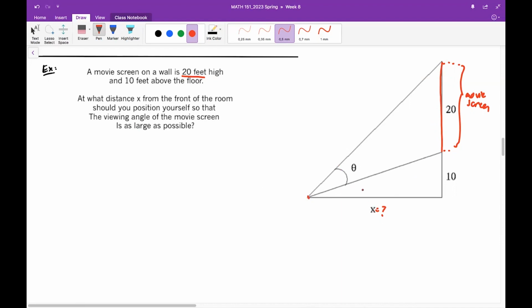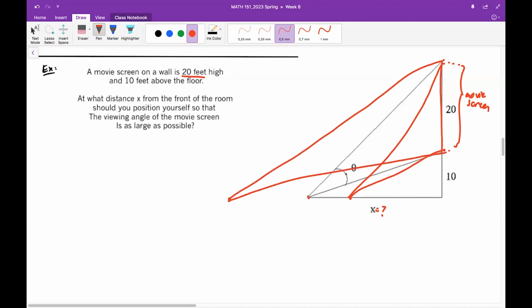This is the question, because the viewing angle of the screen directly depends on where you sit, right? For example, if you sit closer, then the viewing angle will change, right? If you sit at a farther distance, the viewing angle will change again like that.